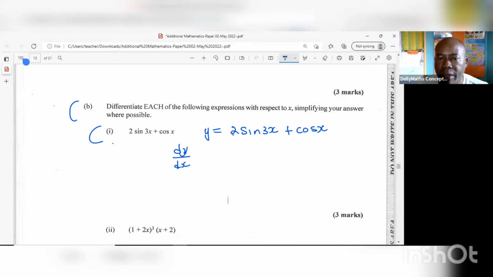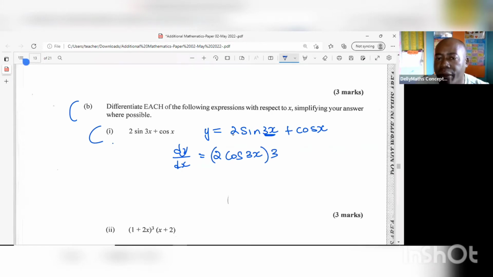Basically, the differential of a sine is a cos, so this is going to give me 2 cos 3x, and then I would have to take the derivative of the angle and multiply back by everything.